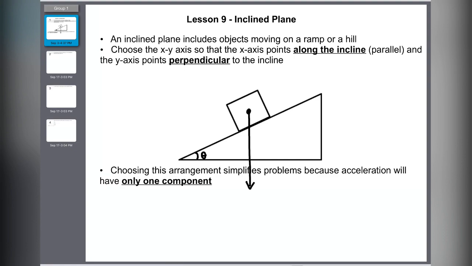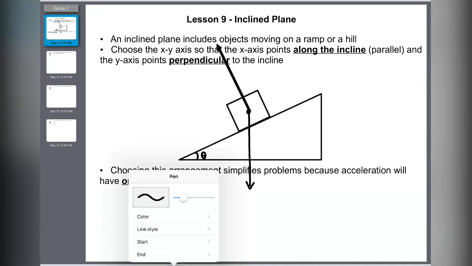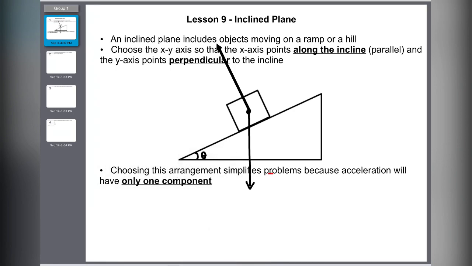We always have the FG going straight down, and we would always have one that is perpendicular to the surface. If there are any pulleys or strings, it will always be along the string with force of tension.